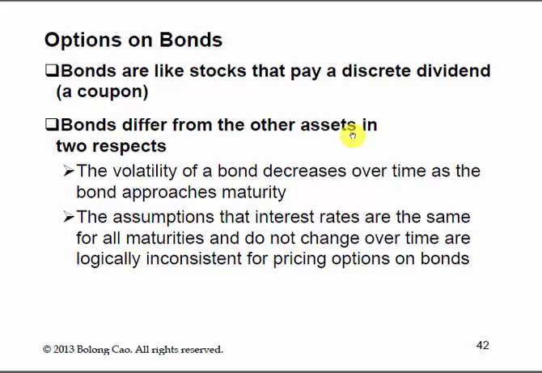Okay, so let's go back to the binomial formula in pricing options on stocks, right? We assume one single risk-free rate for the whole period, and it doesn't change over time, right? I do not apply a different rate in early periods and another rate in later periods. It's the same rate for the whole period.